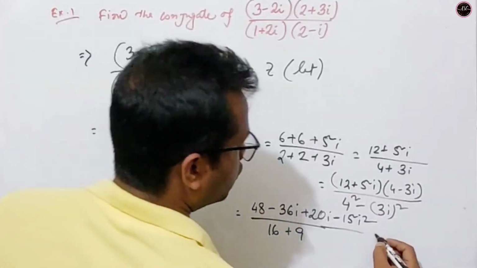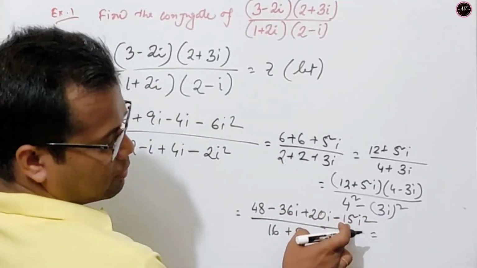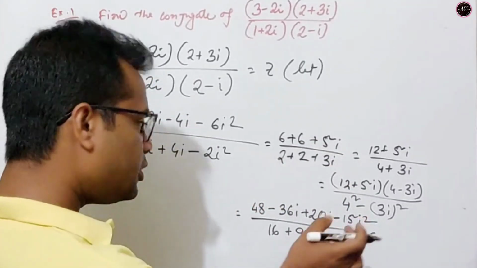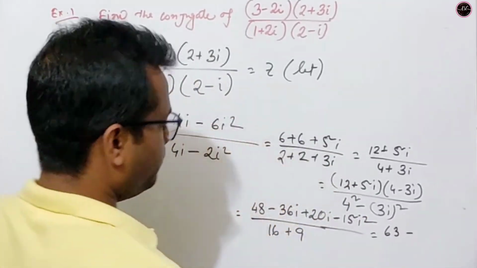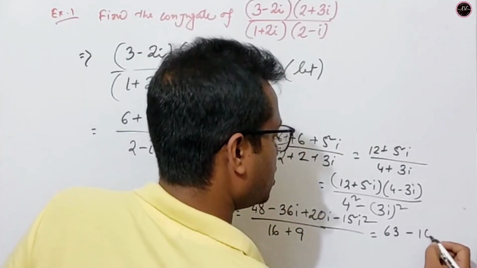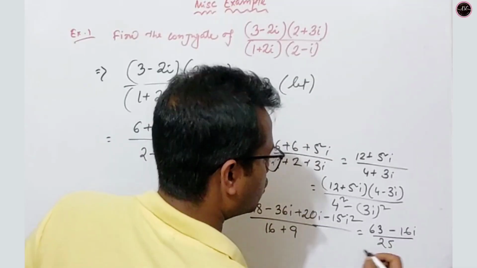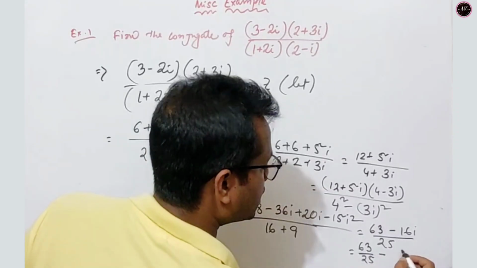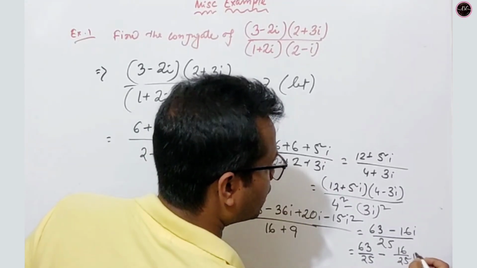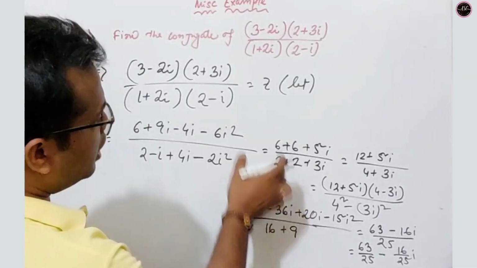So 15i square means plus 15. So 48 plus 15 equals 63, minus 16i, divided by 25. This can be written as 63 by 25 minus 16 by 25 i. Okay, so this is the value of z.